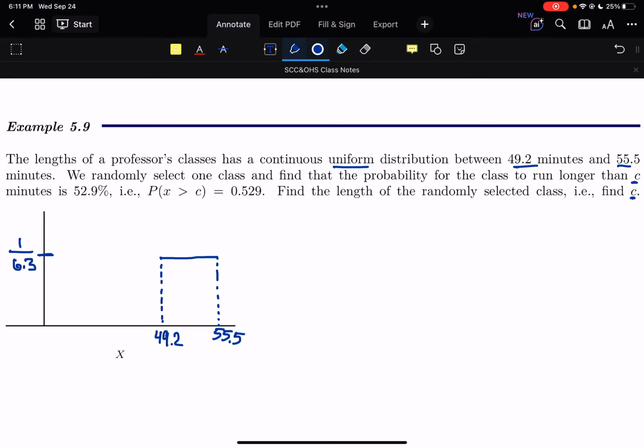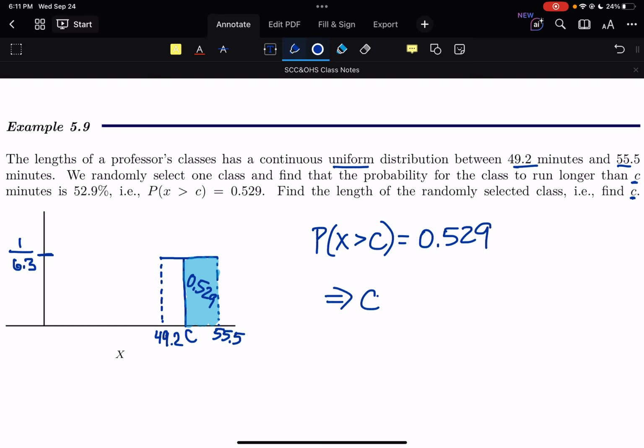And we're in a similar situation here where they have now given us the area and we need to find the x value. So we know the probability of x greater than c, so I'll just put it right around here. So that's c. This area, this probability is 0.529. And now our job is to find C.